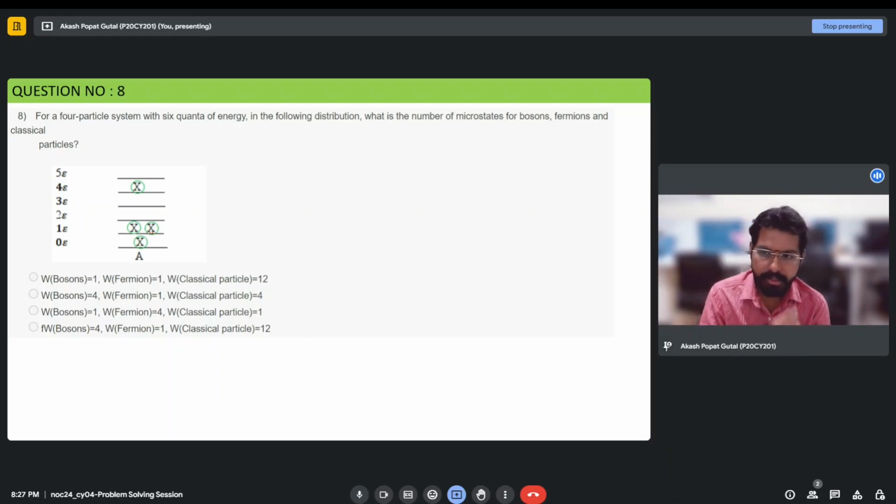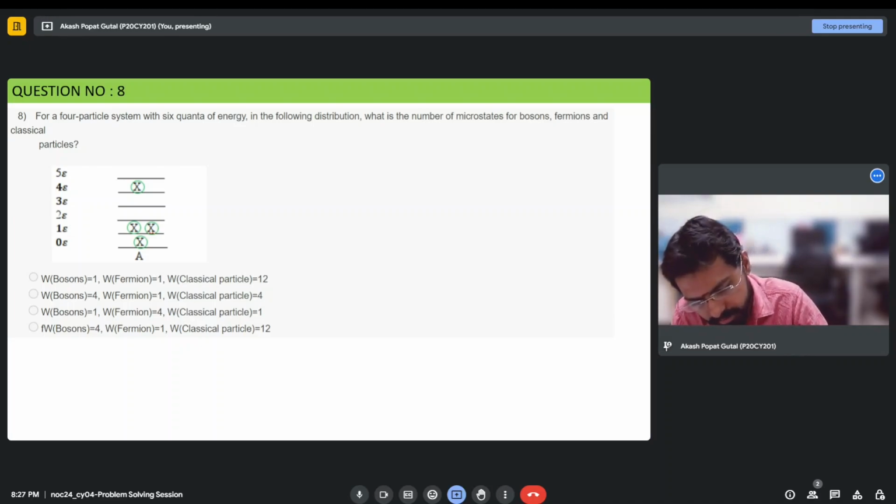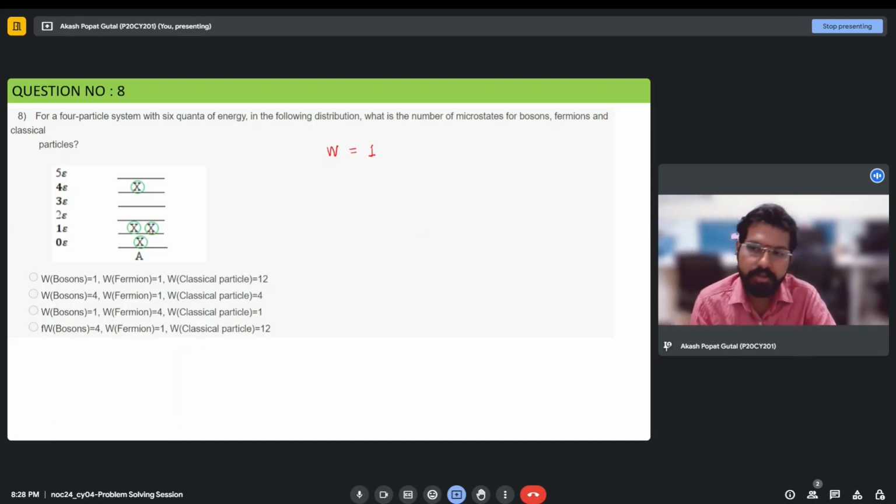And because they are indistinguishable, for the fixed energy, the number of microstates for the given distribution should be one, because even if you interchange the particles at the 4 epsilon level and 1 epsilon level, because they are indistinguishable, there will not be any change in the microstate.